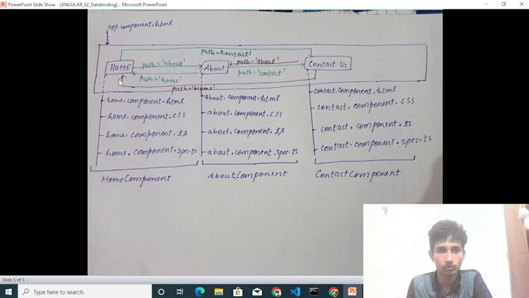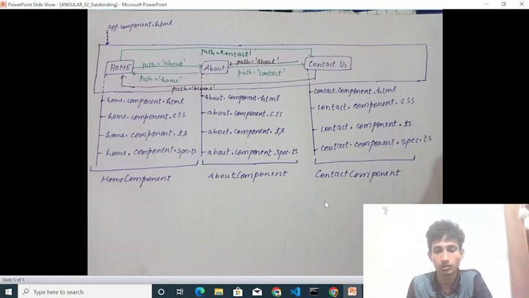If you want to switch from home to about, or home to contact, about to home, about to contact, and so on, then your page should not load. Means you should switch from one page to another page without reloading of the page. So this concept is called routing. So we are going to implement it.